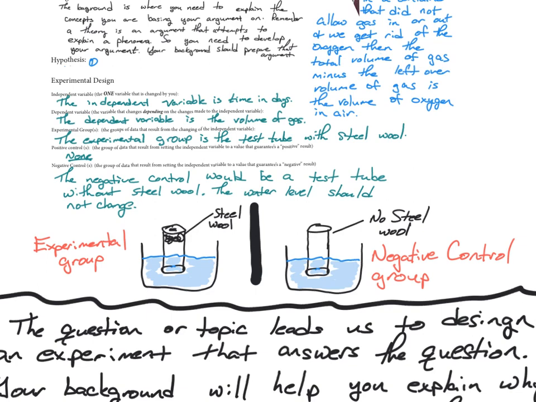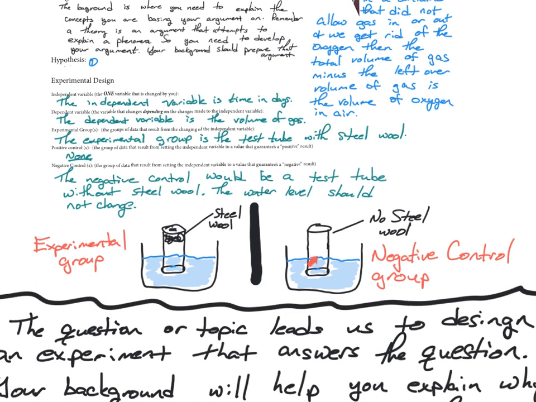So, a negative control, again, is a way for us to compare our experimental results to the results from the negative control group, so that we can be more certain about our claims. All right, so the negative control would be a test tube without steel wool. The water level should not change.